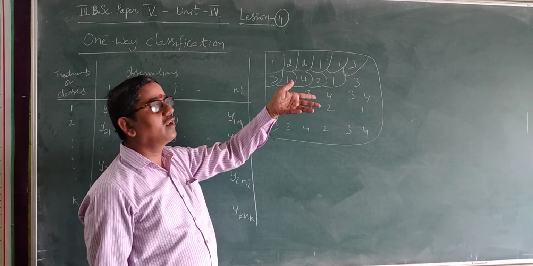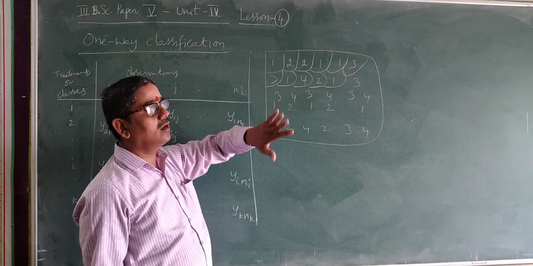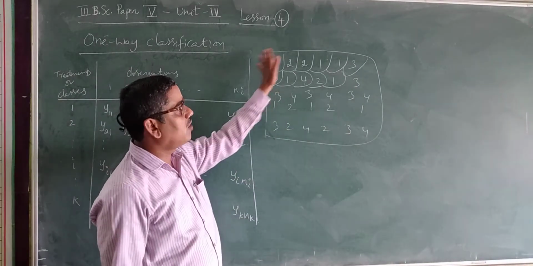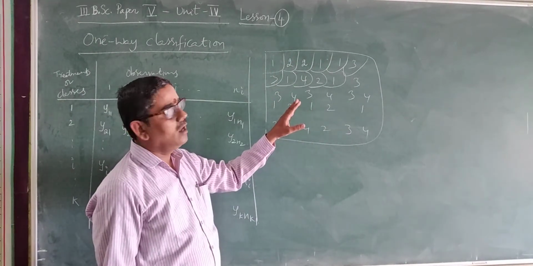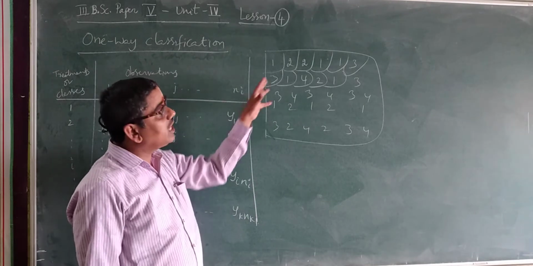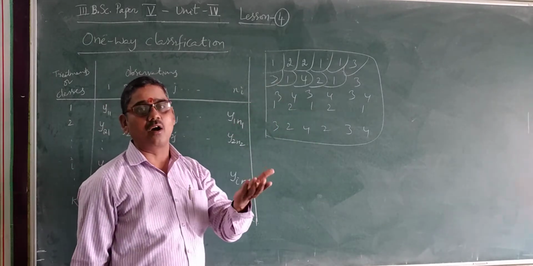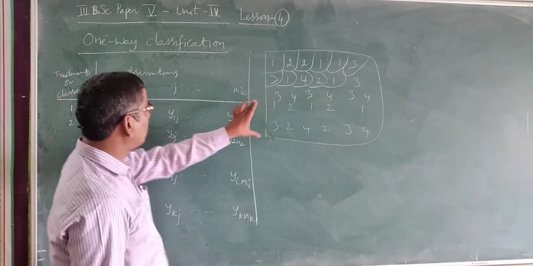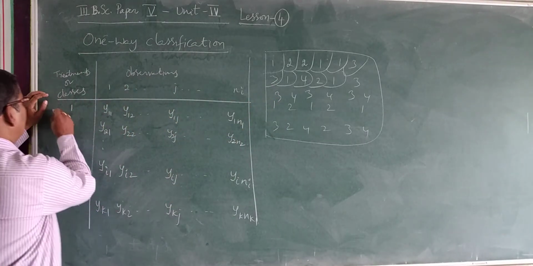We have applied treatment number 1, or fertilizer 1, on various crops. Now we have tabulated the yield of the crop observed after applying treatment number 1, and we have tabulated it in the first class.